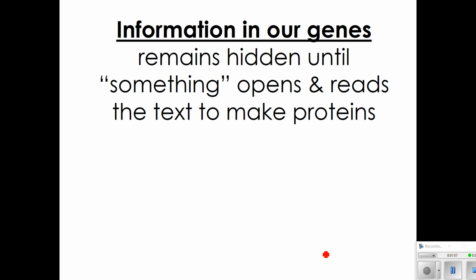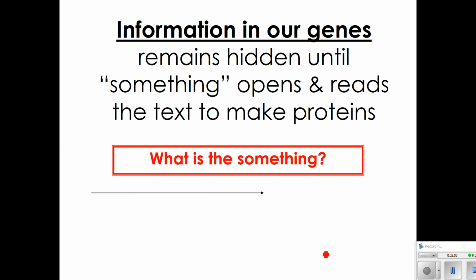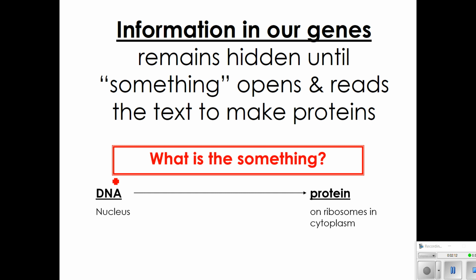So if the information's in our genes, how do we open it up and read it to make proteins? Well, that process for going from DNA to proteins is actually a rather complicated process, which is why we're spending the entire unit, or at least half of the unit, talking about it.